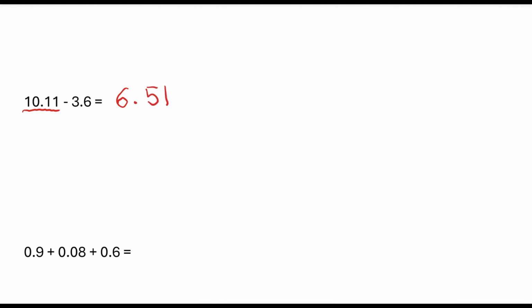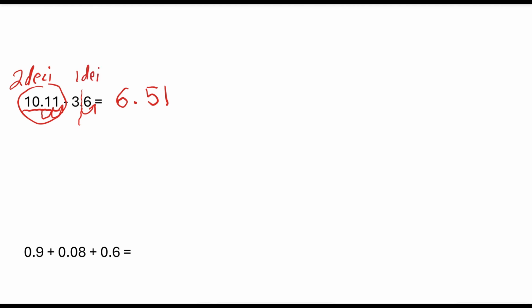Now the rule says round your final answer to the least amount of decimal places. Here we have 1, 2. So this number has 2 decimal places. This has 1. Remember, we're looking at how many decimal places are after the decimal. So this has 1.